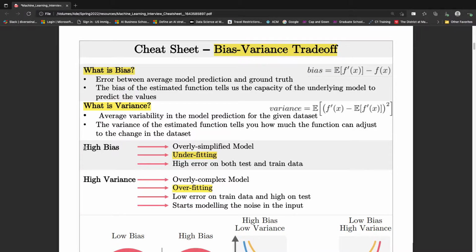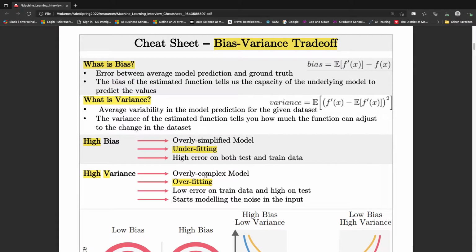When you say you have high bias, it means you have underfitting. When you say you have high variance, it means you have overfitting. I normally match the V in variance to the V in overfitting, because there's no V in underfitting. So high variance is overfitting, and high bias is underfitting.